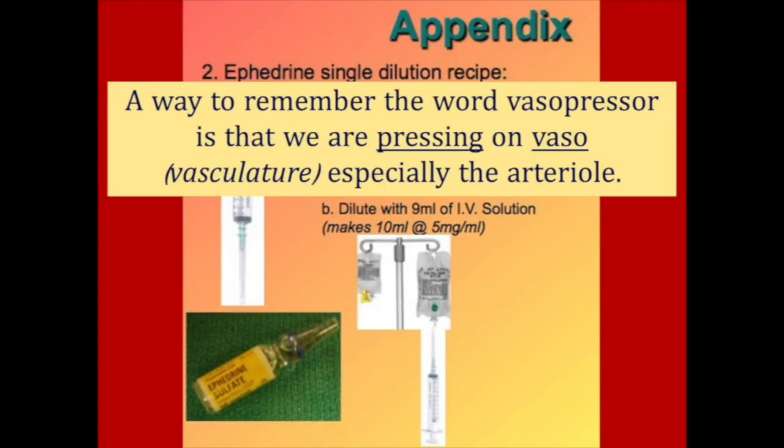Again, vasopressor is pressing on vaso. So you're squishing down the tubing and you're going to increase blood pressure. So you're probably wondering, why are these the three that we've talked about? Well, the important thing to know about each of them, first of all, is let's talk first about ephedrine.